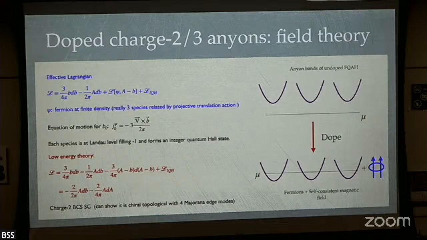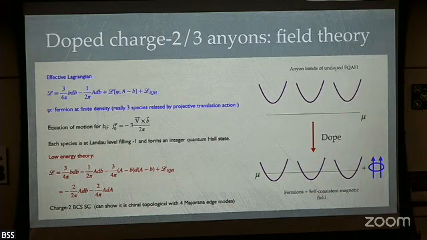You can work it through in the theory, and it turns out each species of these fermions is at a Landau level filling of -1, and they form an integer quantum Hall state. You can work with the theory of the integer quantum Hall state, and you end up with this low energy theory where you can do the integral over B and you'll get a Meissner effect for the background gauge field.